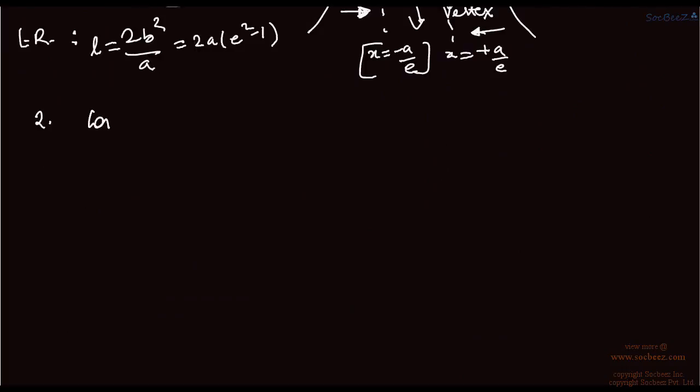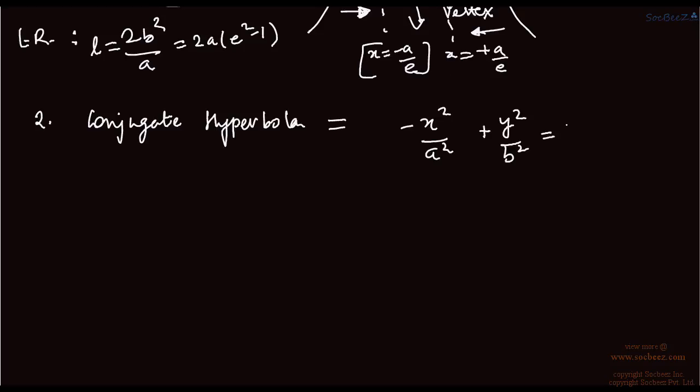Second one, conjugate hyperbola. Conjugate hyperbola will be minus x square by a square plus y square by b square equals 1, or you can write x square by a square minus y square by b square equals minus 1.